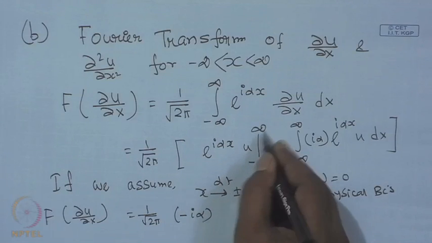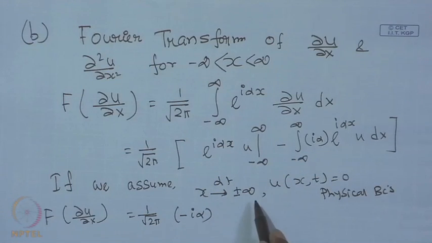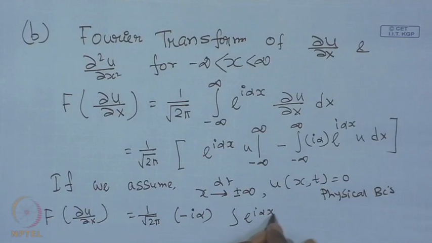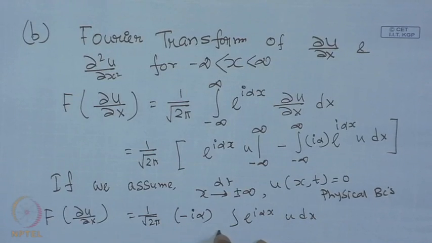This term will be 0 because u at infinity is 0 and u at minus infinity is 0. So, the rest is 1 over root 2 pi, minus i alpha, integral of e to the power i alpha x u dx from minus infinity to plus infinity.